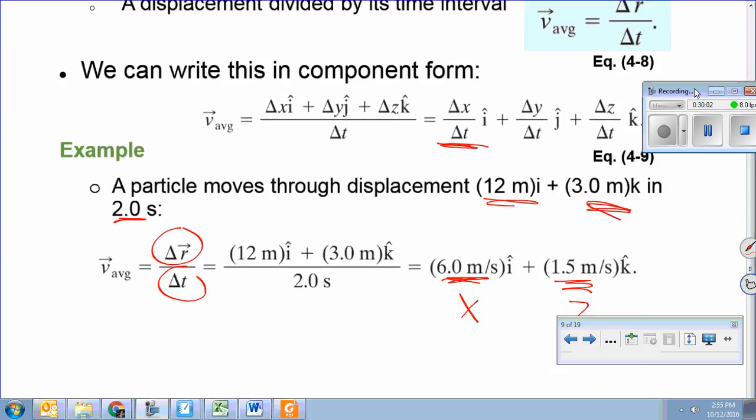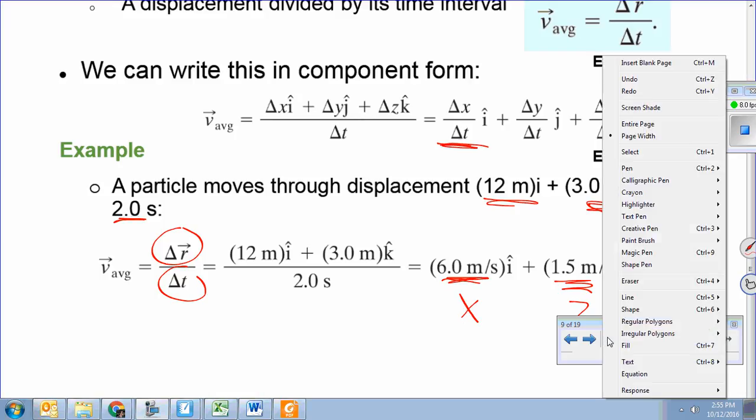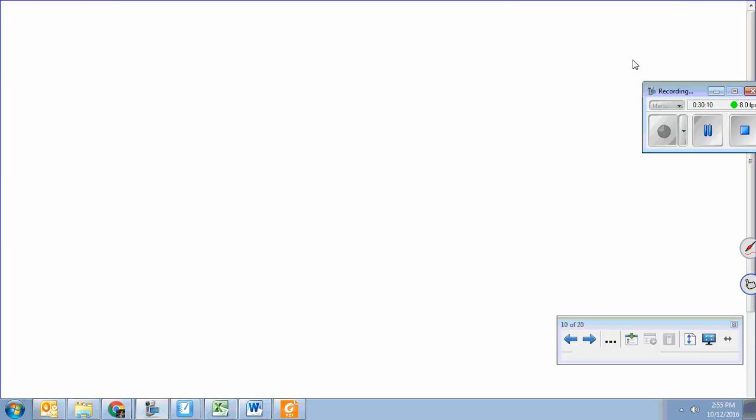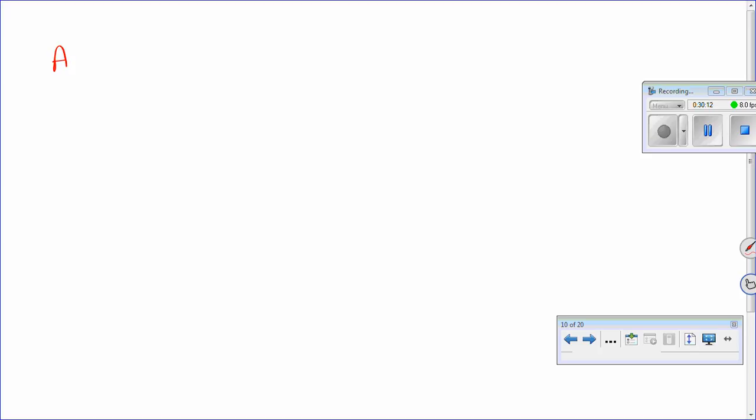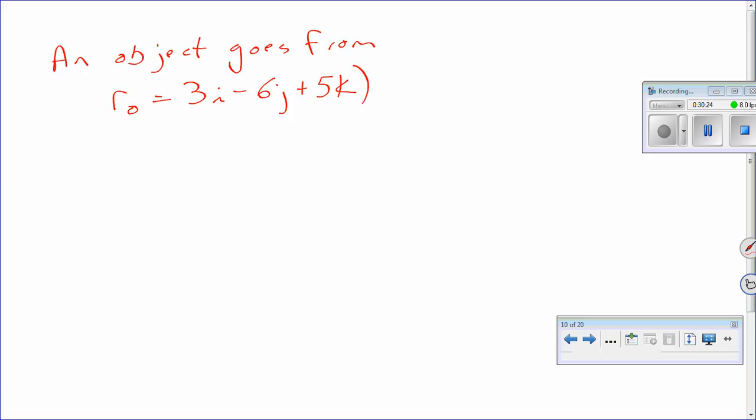So if my change in position had, I'll make up an example. Suppose I'm just going to make up some random numbers. An object goes from that starting position vector to whatever.